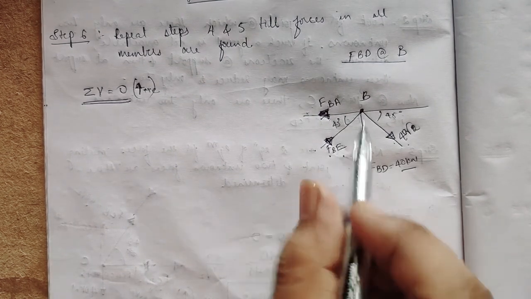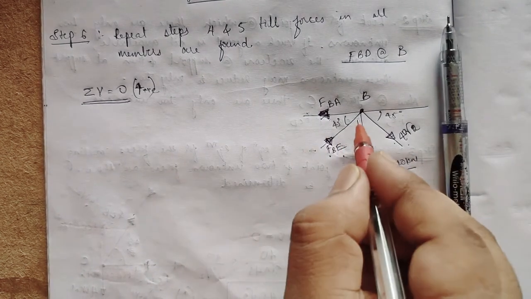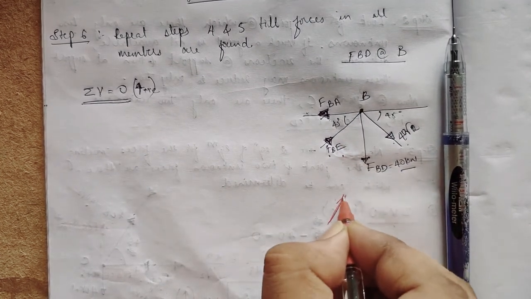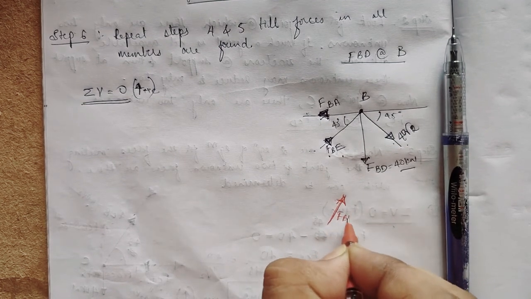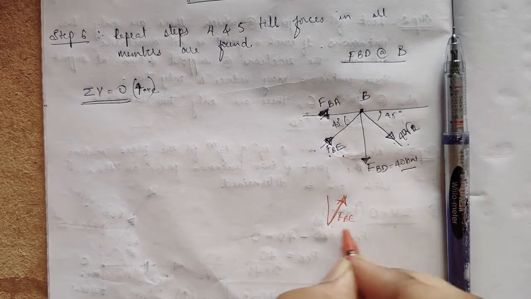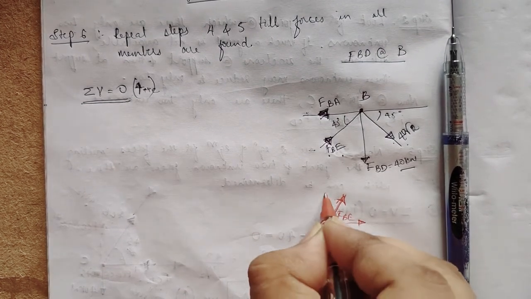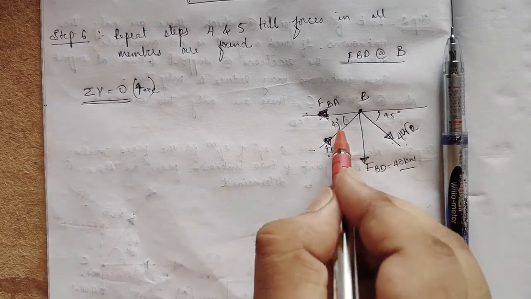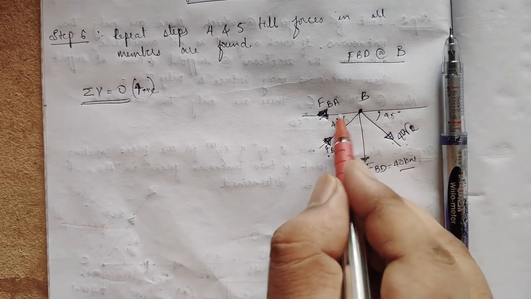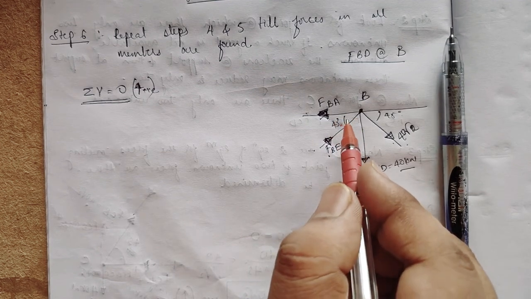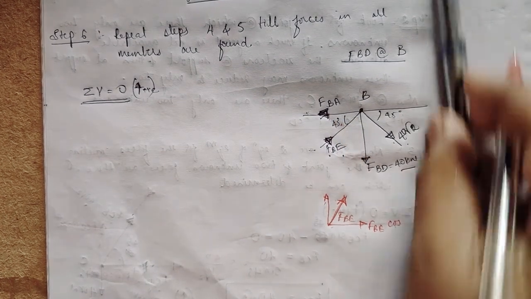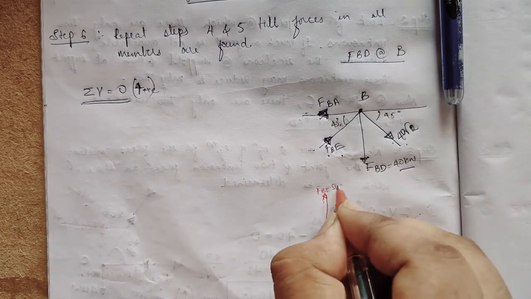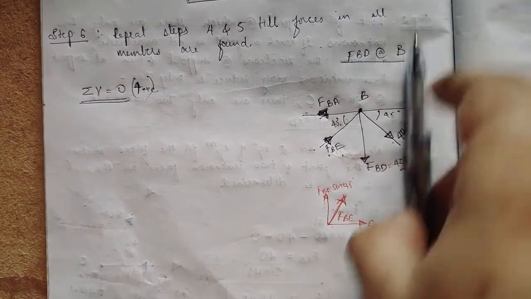As this direction is towards B, when I resolve this, on the vertical and on the horizontal, this FBE will be, this is 45, here is the angle, so the horizontal component will be FBE cos 45, this will be FBE sin 45.